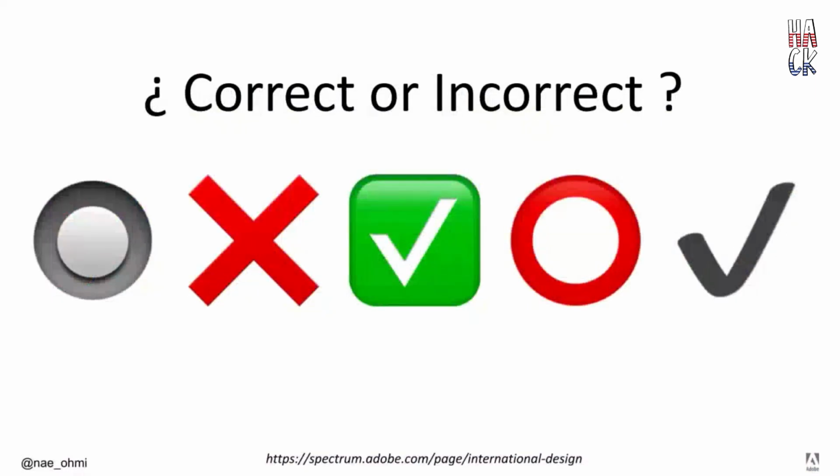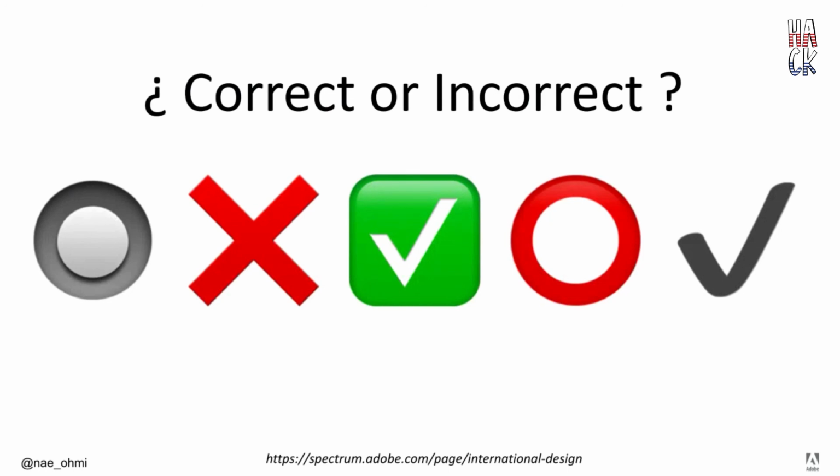Another one to consider is what is correct or incorrect. In a past life, I worked as an English teacher in Japan, and I originally started grading my students' homework using a check to indicate correct, because that's how I mark correct in my Western context.